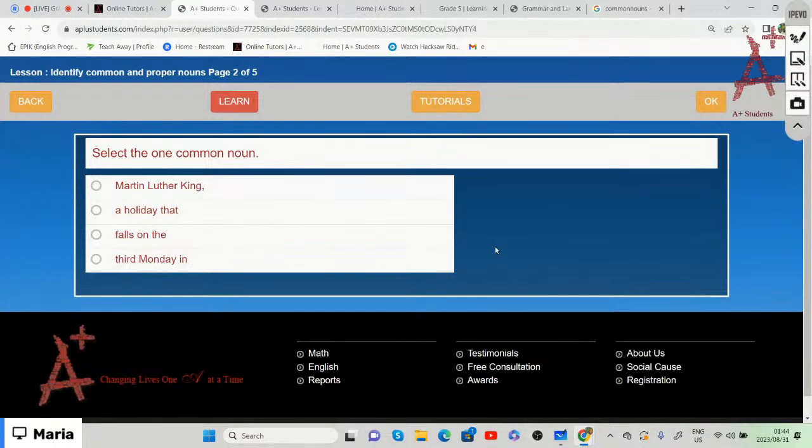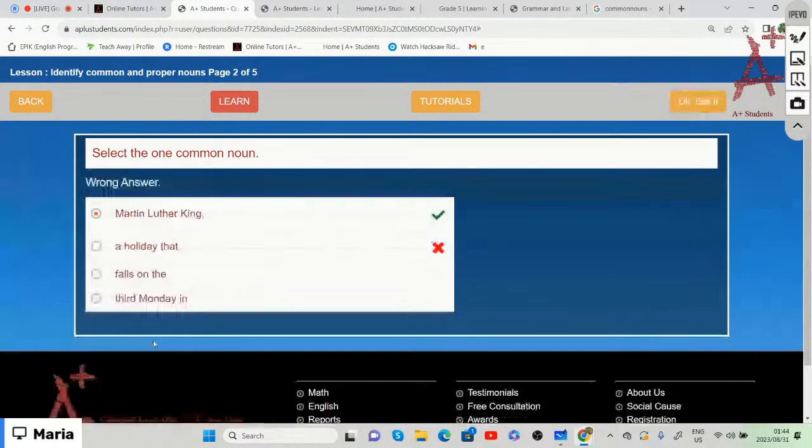All right, so if we select the common noun within this sentence, let us choose Martin Luther King. Common noun? Oh, Martin Luther King is a holiday. All right, so in this case, they're saying that it is a common noun. Martin Luther King should actually be a proper noun, but okay, it is a common noun, right?